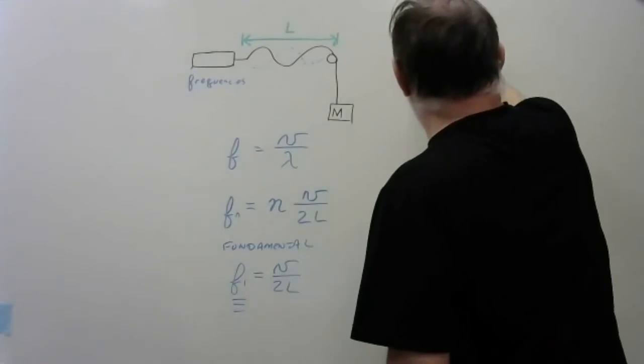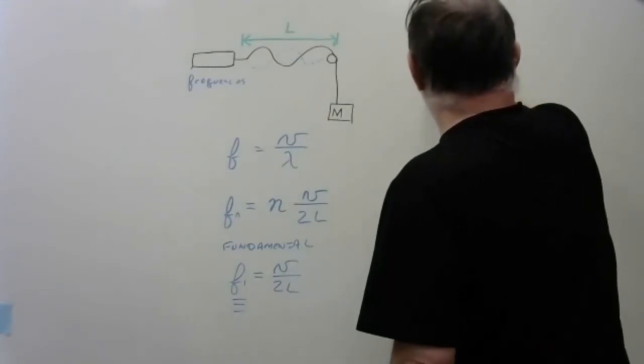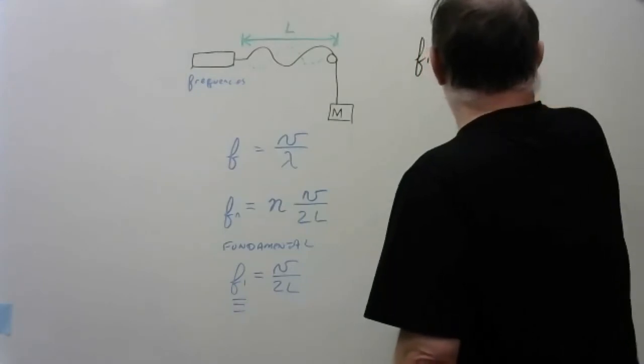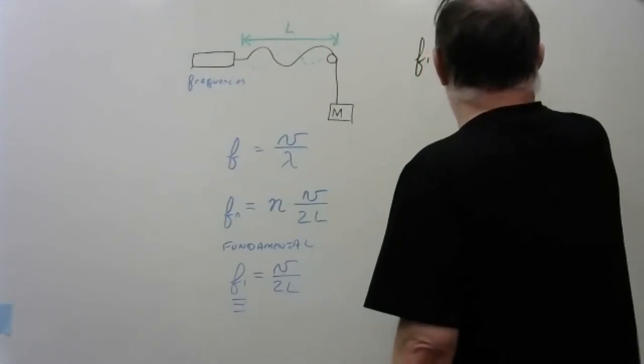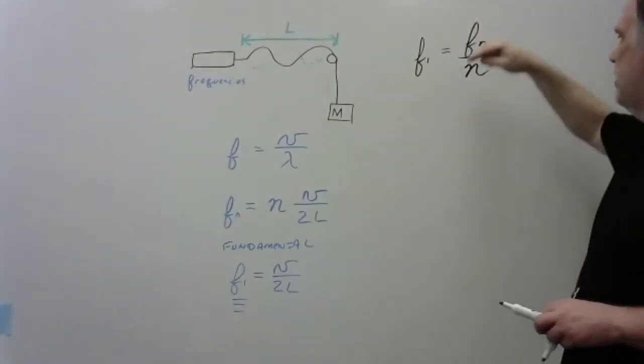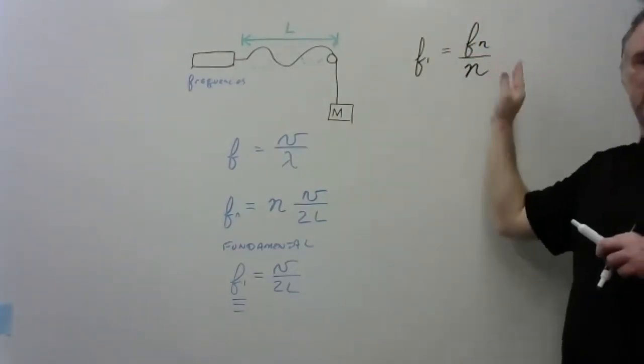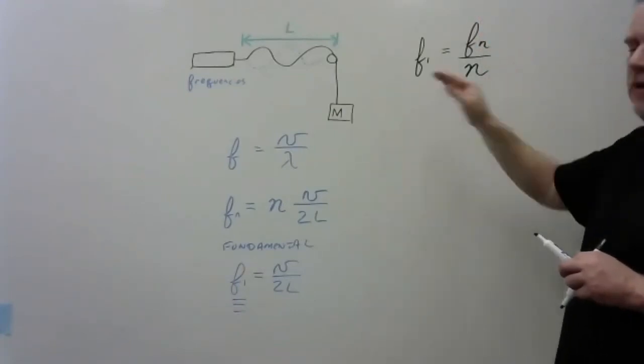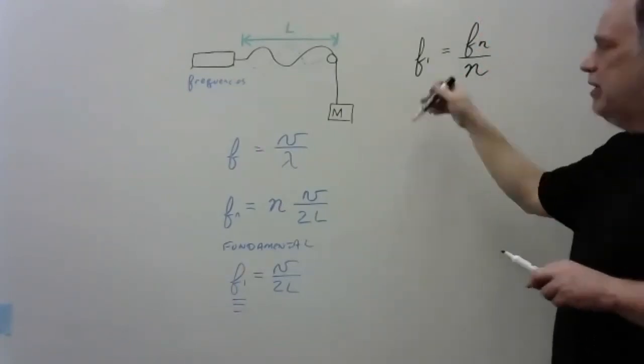And so we're going to calculate the fundamental frequency by taking the frequency that we find for each of those numbers and dividing it by that number. So in other words, we're going to take the frequency at which we find 3 loops and divide it by 3, the frequency for 4 loops divided by 4. Those are going to be our experimental measurements of the fundamental frequency.